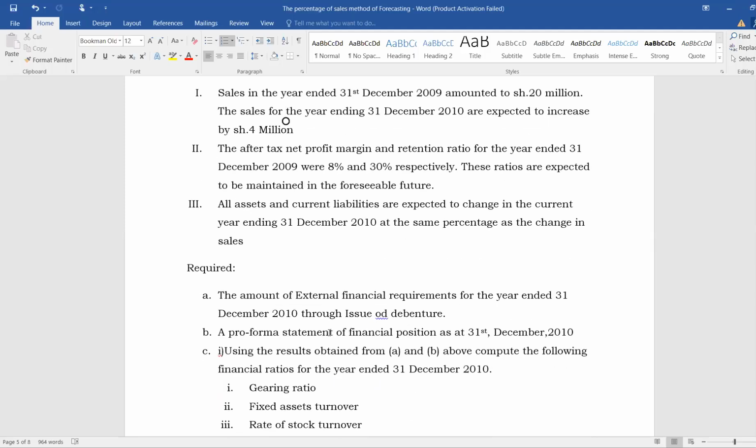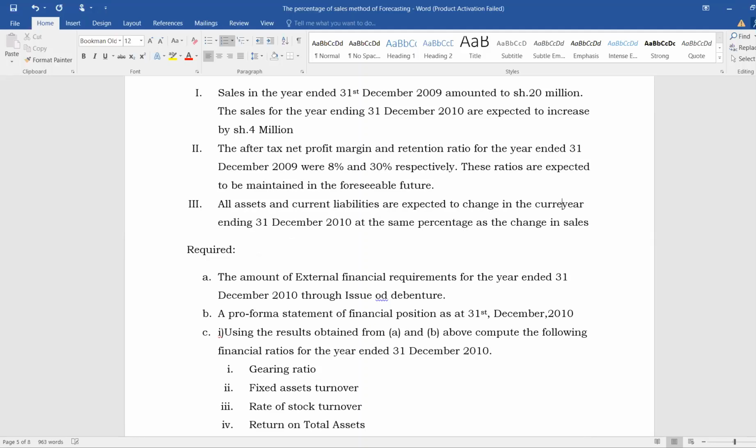All assets and the current liabilities are expected to change in the current year ended 31st December 2010. 2010 current year kweli. Hata kwa question paper imesema current year.